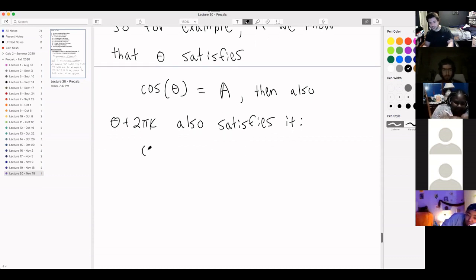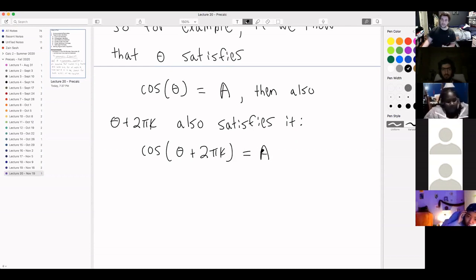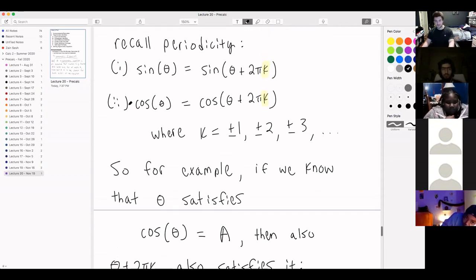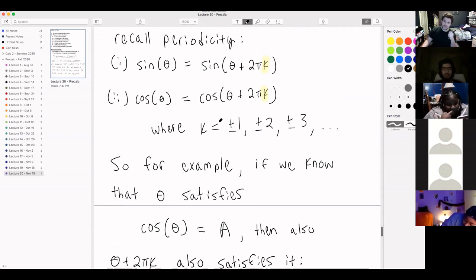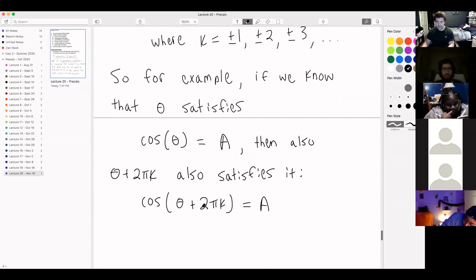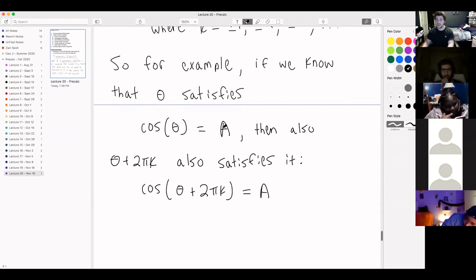In other words, cosine of theta plus 2 pi k is also equal to a. This follows directly from periodicity of the cosine function. If I add 2 pi k to theta, the value of cosine is unchanged. So if cosine of theta is a, then cosine of theta plus 2 pi k will also equal a.